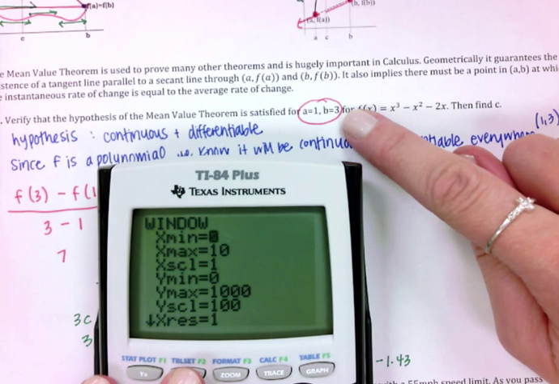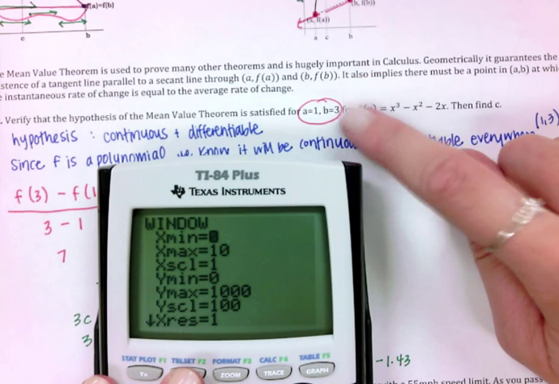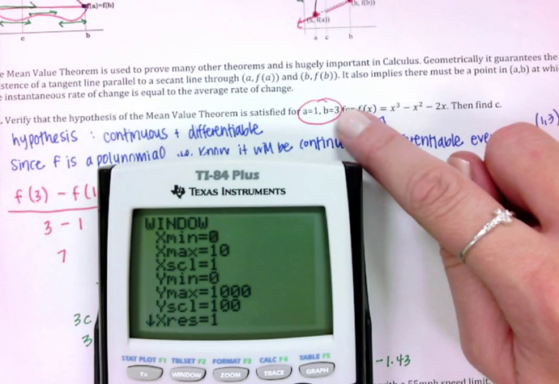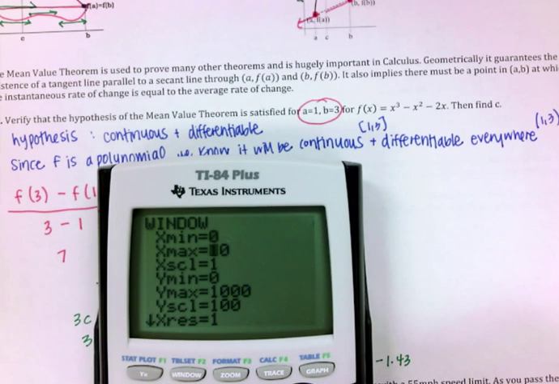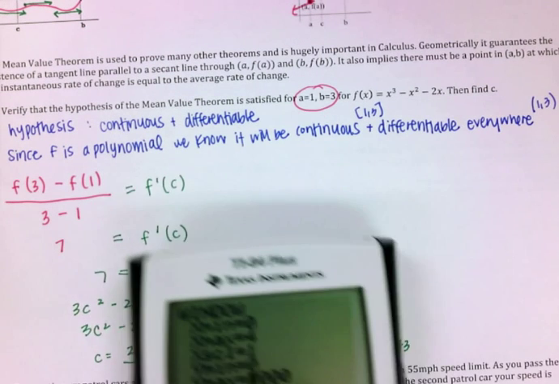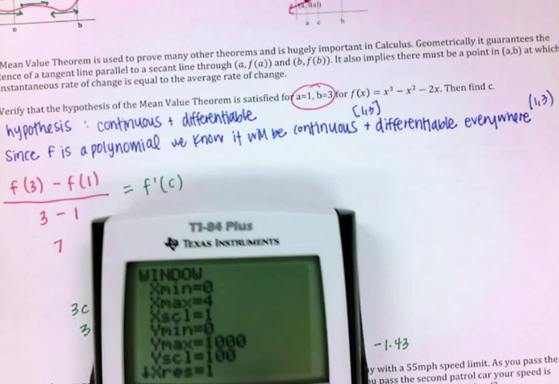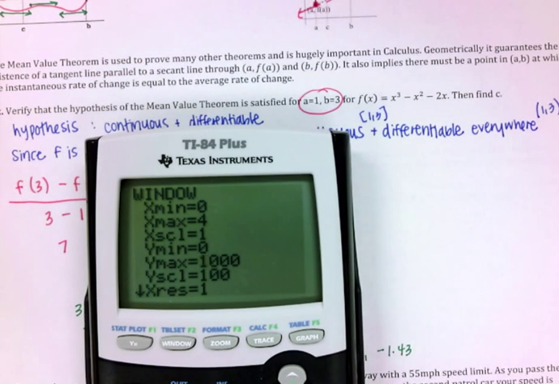Our window for x should be between 1 and 3, but let's give it some room so we can see. So I'm going to go 0 to 4. And then for our minimums, when we plugged in f of 3 minus f of 1, that was 14. So let's go for 20 and see how that looks.